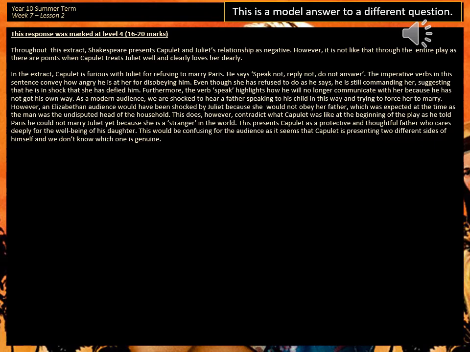This does, however, contradict what Capulet was like at the beginning of the play, as he told Paris he could not marry Juliet yet because she was a stranger in the world. This presents Capulet as a protective and thoughtful father who cares deeply for the well-being of his daughter. This would be confusing for the audience, as it seems that Capulet is presenting 2 different sides of himself, and we don't know which one is genuine.